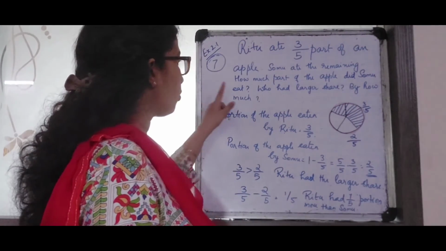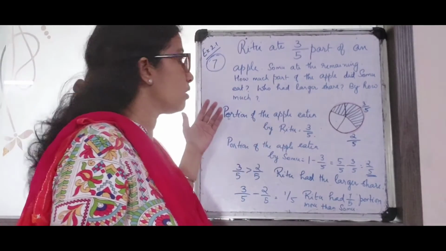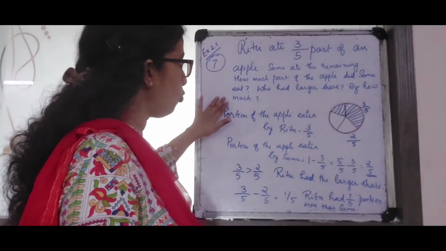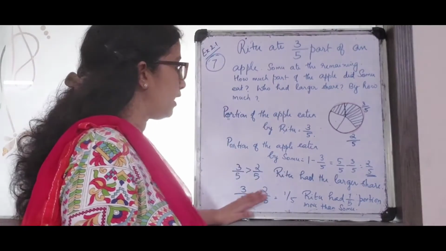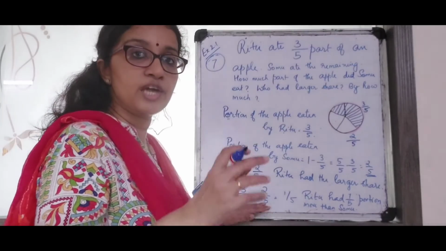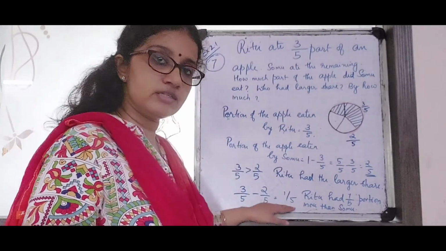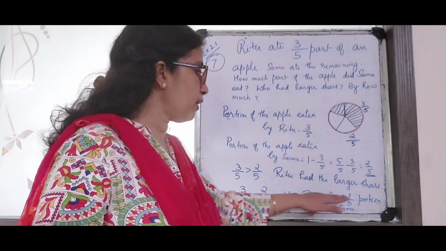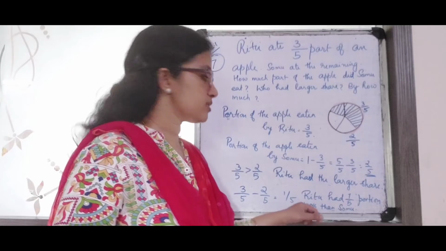So to find out by how much more Ritu had when compared to Somu, we have to subtract Ritu's share minus Somu's share, right? So 3 by 5 minus 2 by 5 is 1 by 5. So Ritu had 1 by 5th portion more than Somu. Okay, hope this is clear.